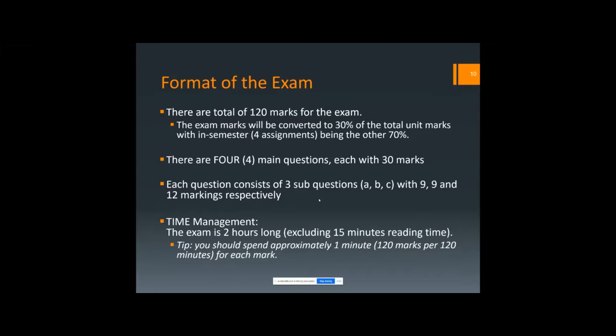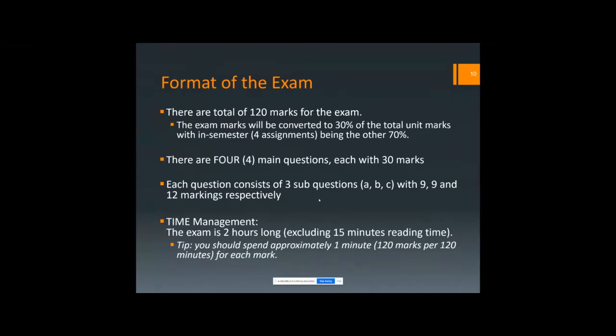Each question consists of 3 sub-questions, A, B, and C, with 9, 9, and 12 marks respectively. So A is always 9, B always 9, and C always 12. Time management: the exam is 2 hours.